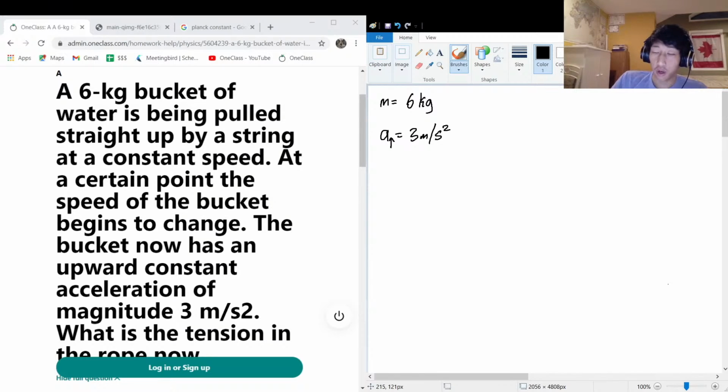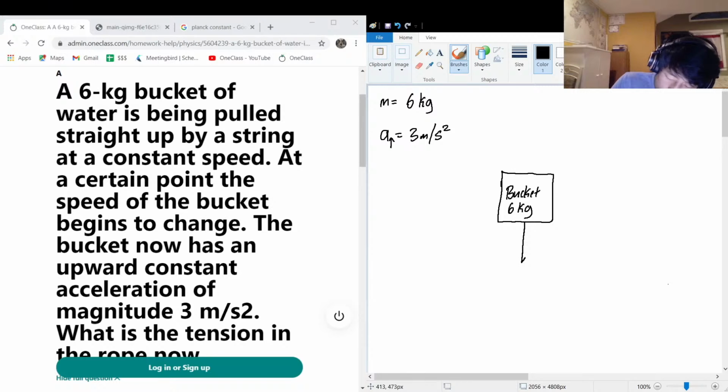Okay, so let's draw a free body diagram. So this could be our bucket, our 6 kilogram bucket, and we know that it's going to have a gravitational force Fg, and then it's going to have F cable, the cable that's pulling it up.